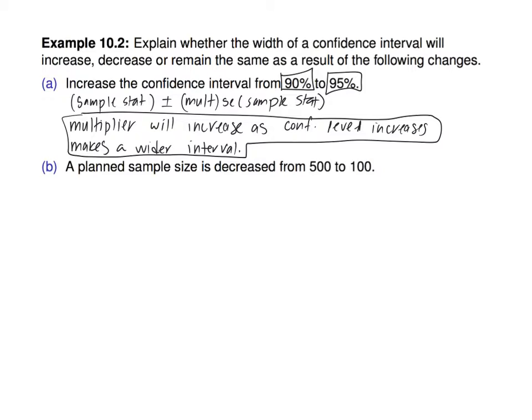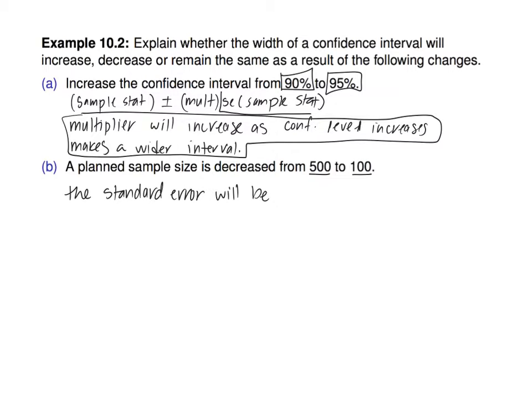Okay. A planned sample size is decreased from 500 to 100. This will affect the sample statistic, but that doesn't affect the width. It just affects what point you're centered around. So the standard error, will it be bigger or smaller with a sample of 500?